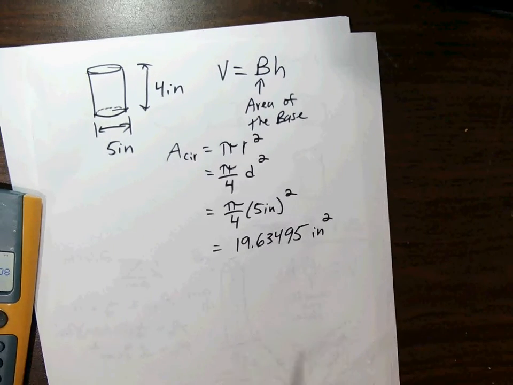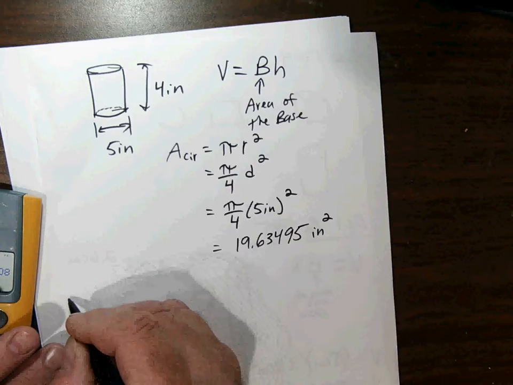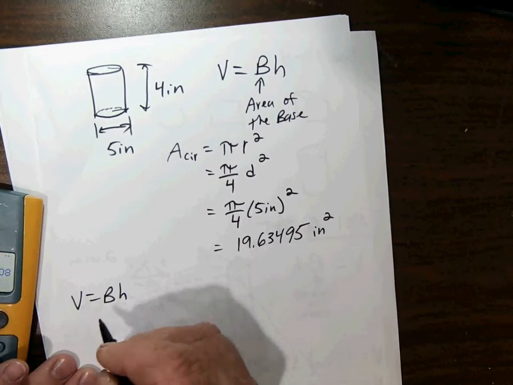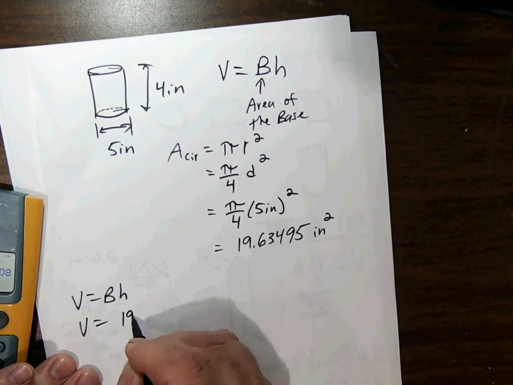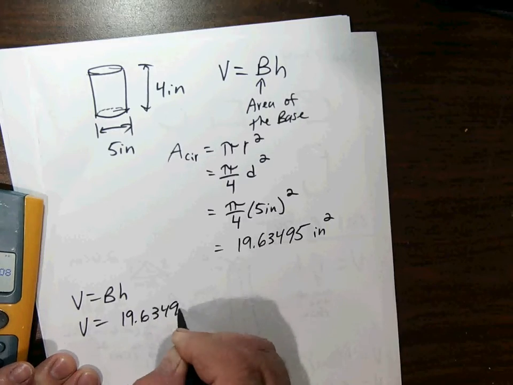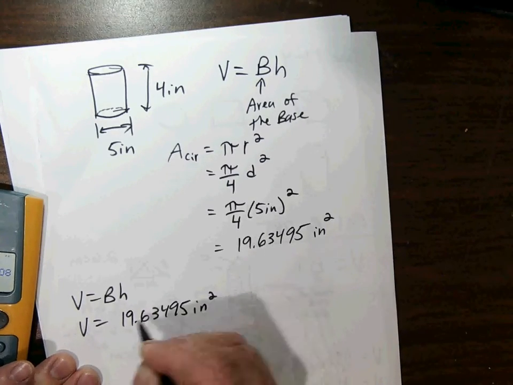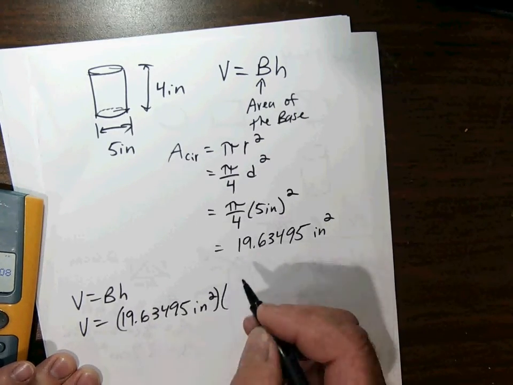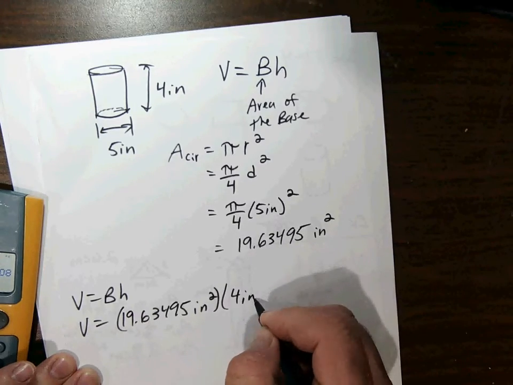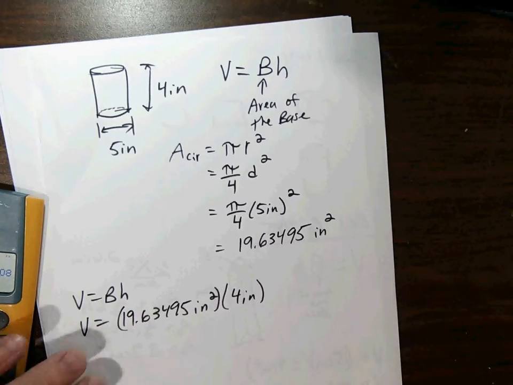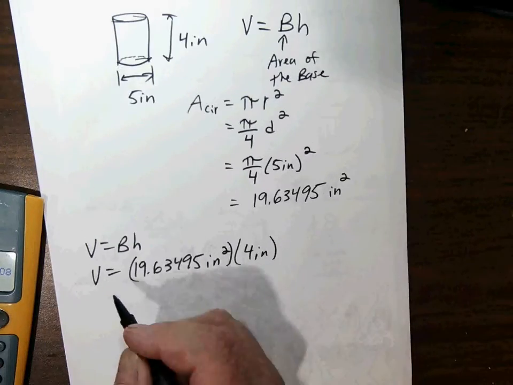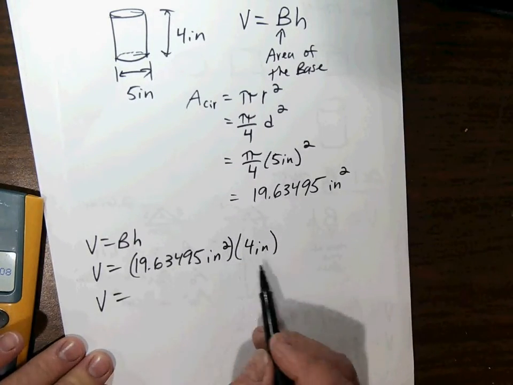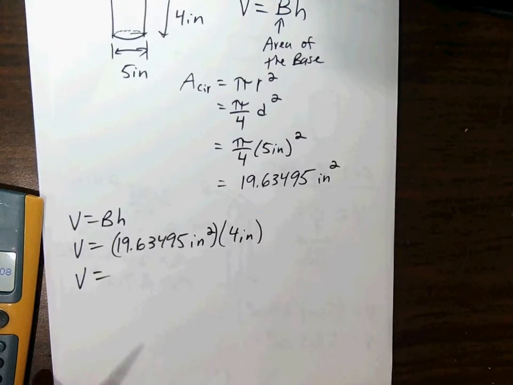That's it. Well, now I got to multiply by the height to get volume. Volume is B times H. So I'm going to take 19.63495, and you can do this all in one shot, by the way. I've been calculating area separately and then timesing by the height. You could plug it all in one shot if you'd like. So now I've got inches squared times inches, so I'm going to get cubic inches from my answer.